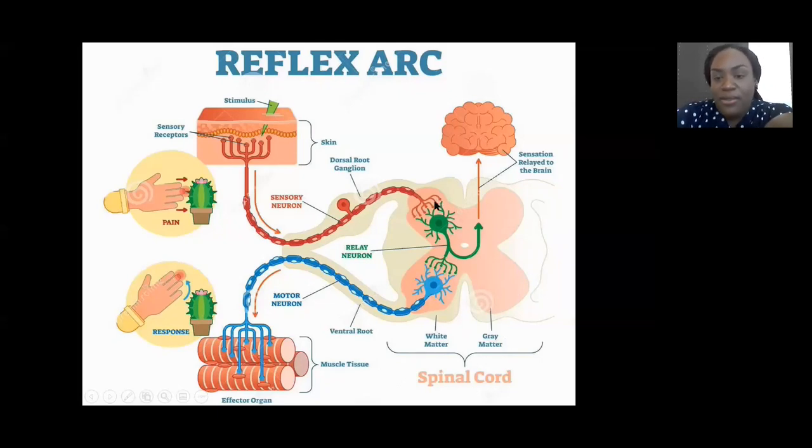In the spinal cord, the sensory neuron is attached to the interneuron. Remember I said that the interneurons are located in the gray matter of your spinal cord and your brain. So in the gray matter of your spinal cord, you see the relay neuron attached to one end of your sensory neuron.